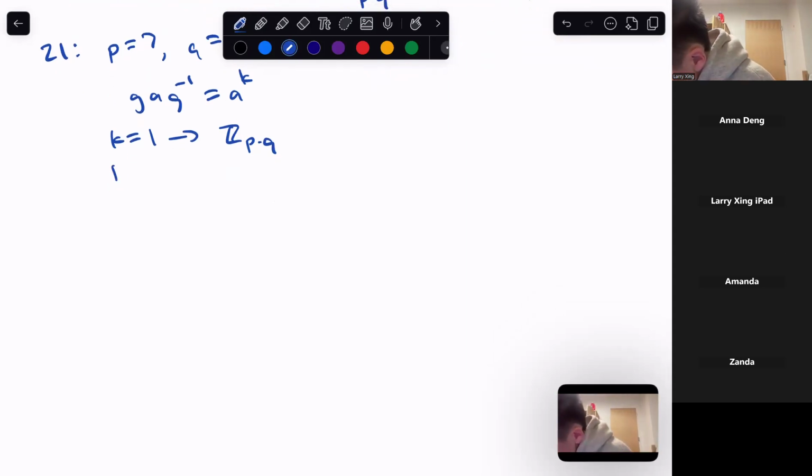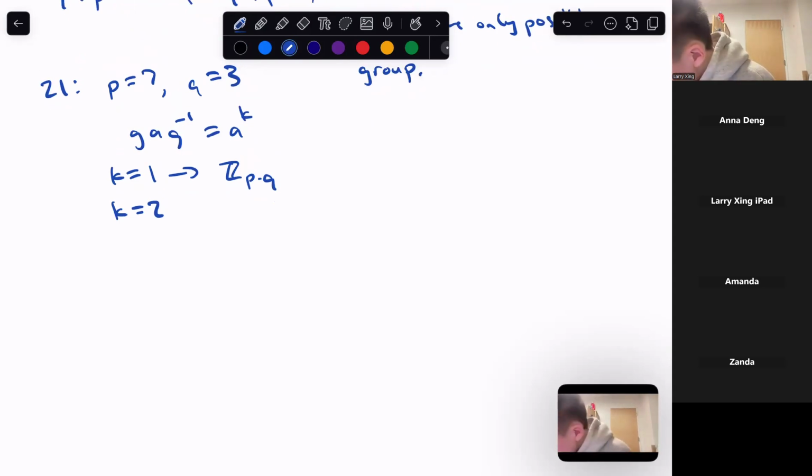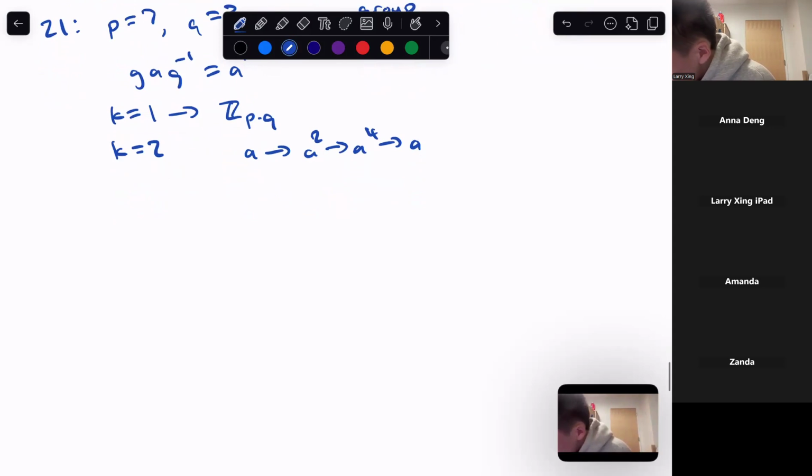So let's try K equals 2. If K equals 2, that means that A must go to A squared, which must go to A^4, which must go to A. And similarly, A cubed must go to A^6, which goes to A^5, which goes to A cubed.